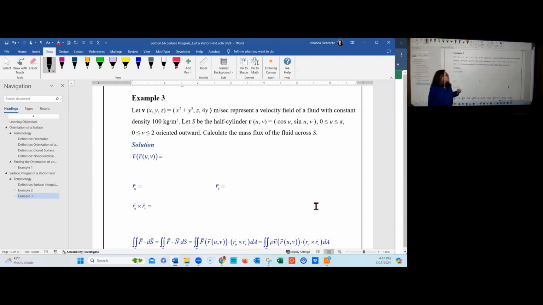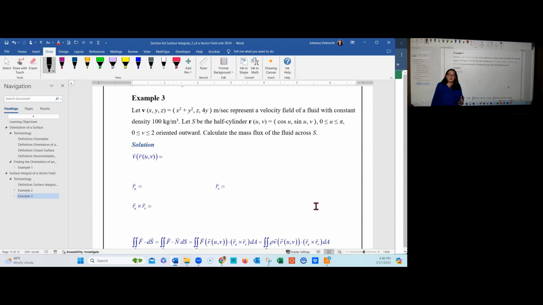meter. We want to let the surface be the half cylinder given by a parameterization, this time in terms of u and v, where the first component is cosine u, second component is sine u, and third component is v.